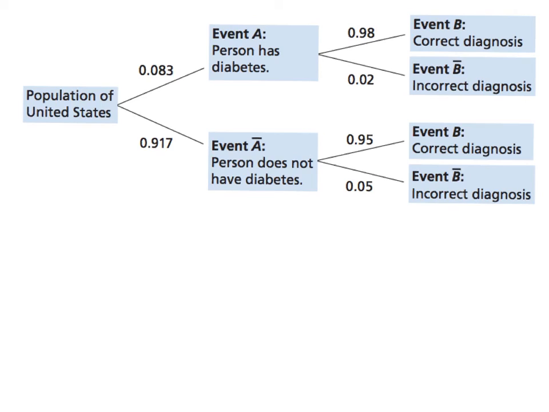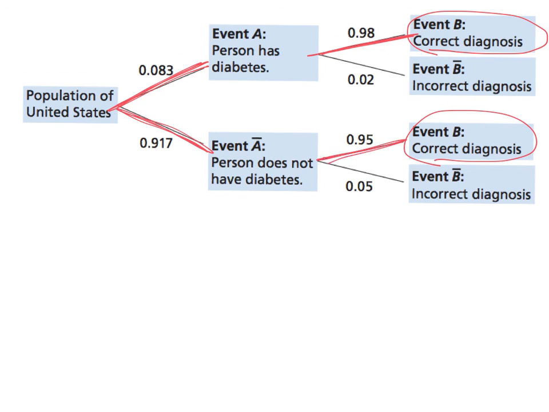So, to find the probability that the diagnosis is correct, let's actually follow the path. This is what's important. Let's follow the path. A diagnosis is correct. We want to end up here and here. So what paths do we have to follow? We have to follow this path and this path. We then have to follow this path and this path.